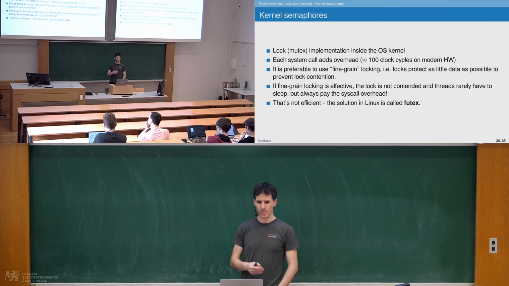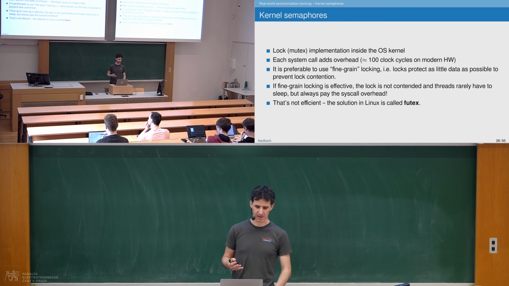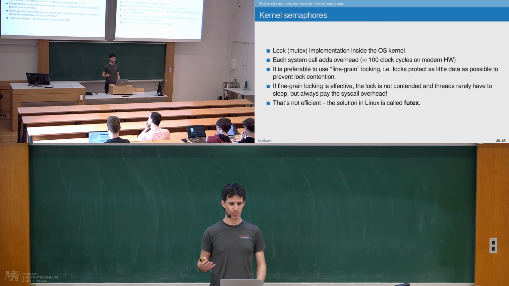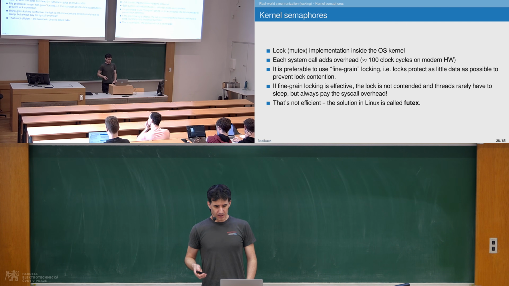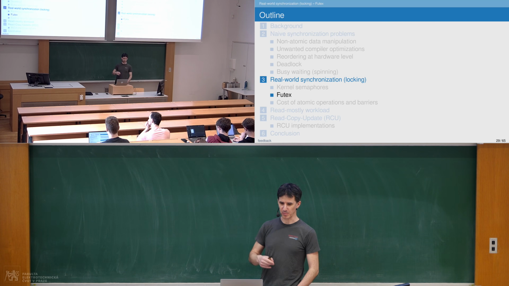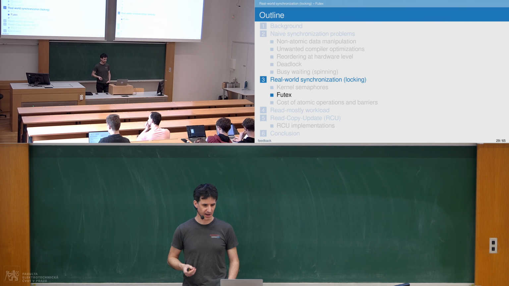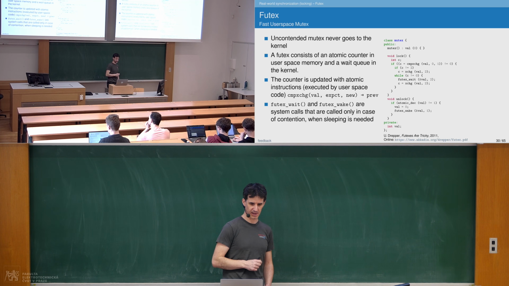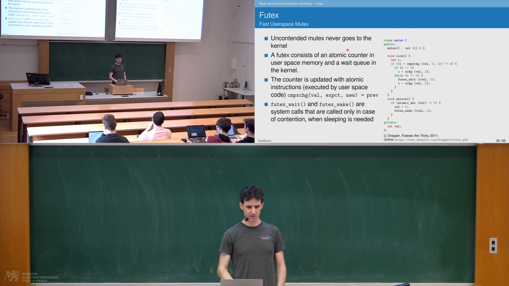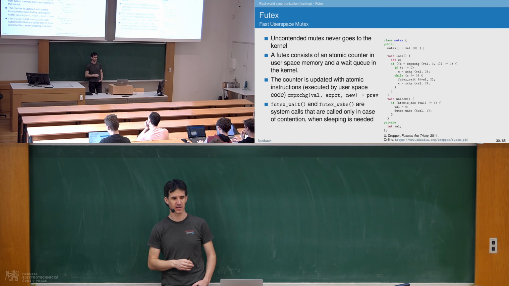So if mutexes are implemented purely in the operating system kernel, they would be a very expensive operation. For that reason, Linux and other operating systems implement something which allows reducing this overhead. In Linux, it's called futex, and futex is short for fast user space mutex. And the idea is very, very simple.